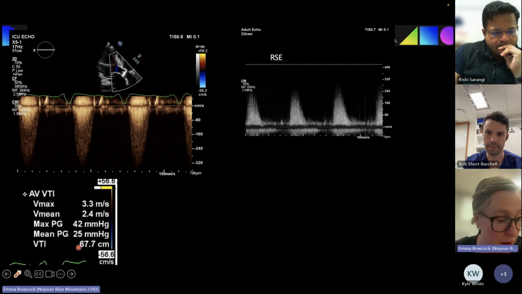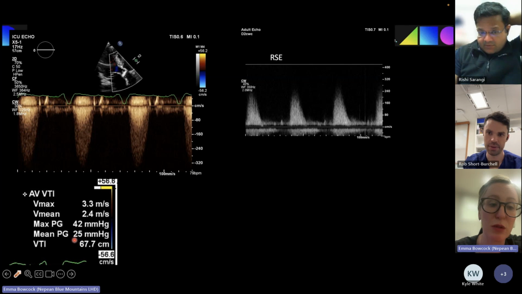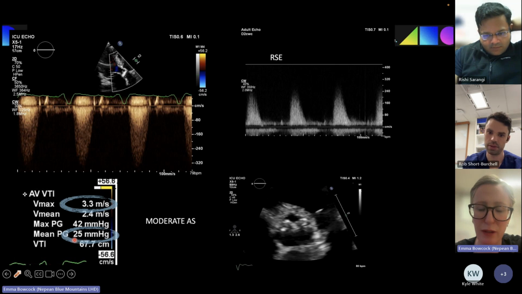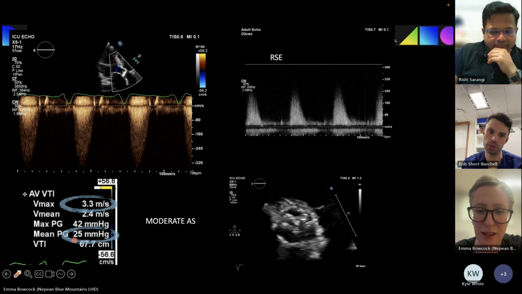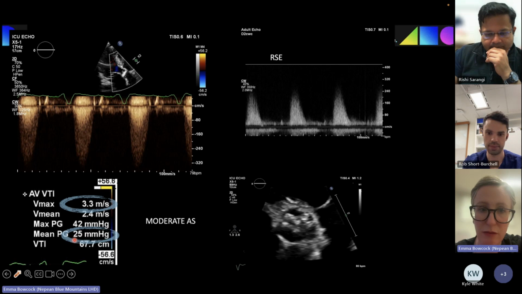Yes. And then 25 to 40 was moderate as well, wasn't it? So this patient is in the moderate category. But what do we think of their aortic valve? Well, on 2D assessment, it looks severe. It does look severe.